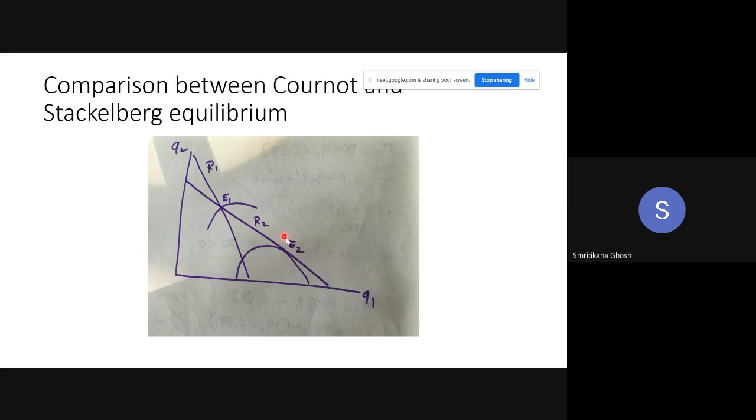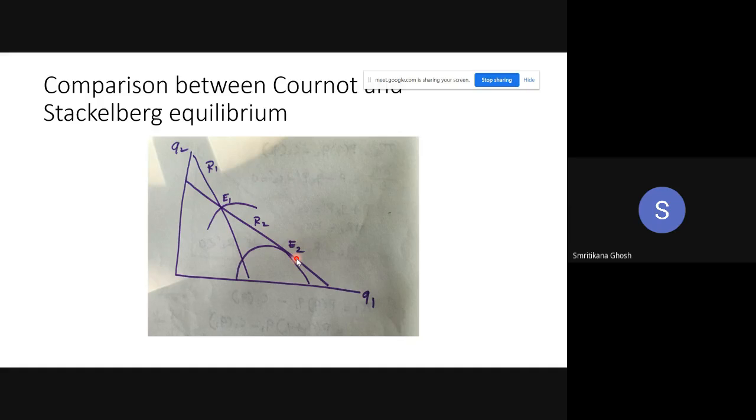If you have any isoprofit curve like this, the leader is always trying to maximize his profit, so he is not happy with this curve, because if he can shift this curve closer to his axis, then there will be more profit. He is always trying to do that, and he is a leader, so he can do that. So finally, the equilibrium will be at the tangency of the isoprofit curve and the reaction curve of the follower. So E2 is the equilibrium point of the Stackelberg model. Remember, E2 is the equilibrium point of the Stackelberg model.